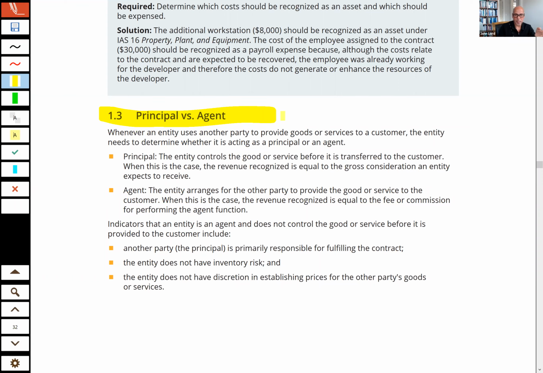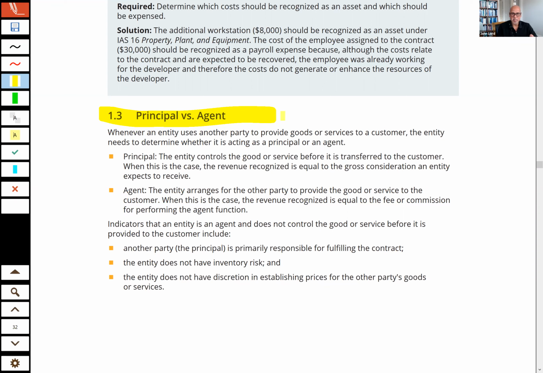And the classic example is Uber, right? What happens? You simply use Uber to get on their platform to order your driver. And after that, it's between you and the driver. So in that situation, Uber would be the agent and the driver is going to be the principal.